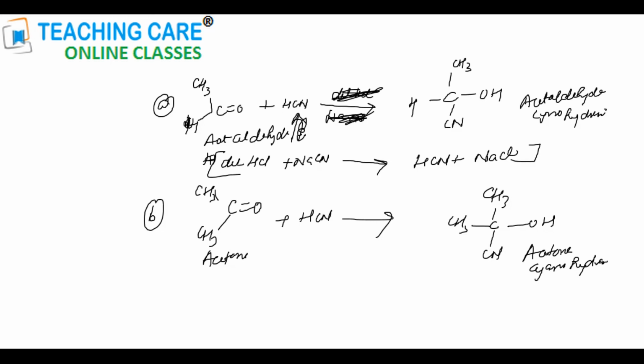So what are the uses of cyanohydrins that we are preparing? Cyanohydrins are used to prepare alpha hydroxy acid and amino alcohol.